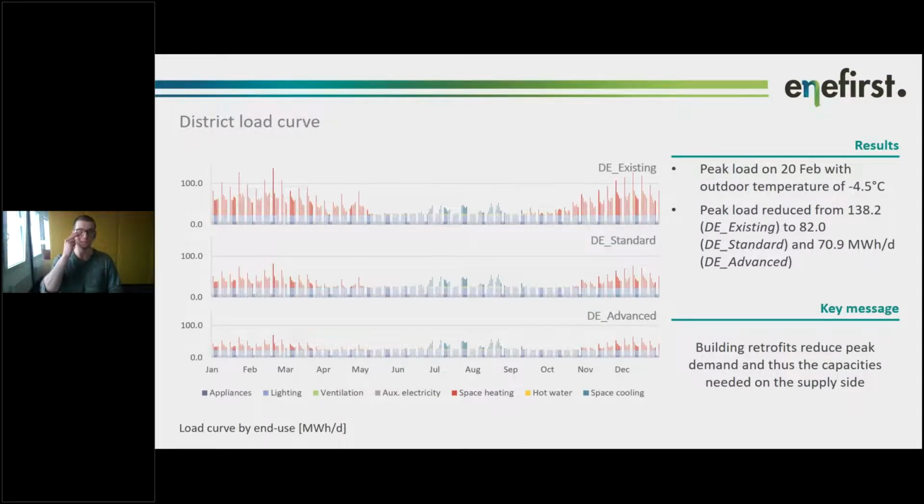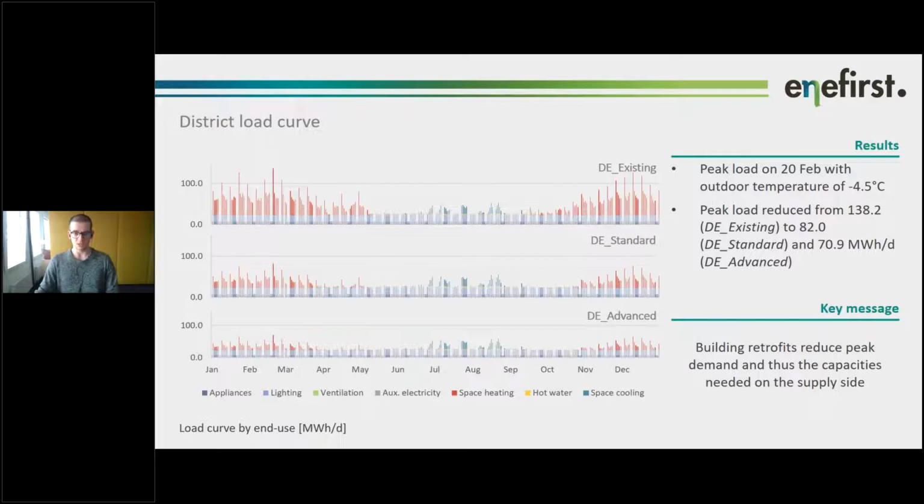Same goes basically for the district load curve. This is the district load under nominal operating conditions. So across these three scenarios, before we define any optimal solutions, we assume that natural gas boilers are basically installed within the system, and this is the load curve in final energy terms for these three scenarios.